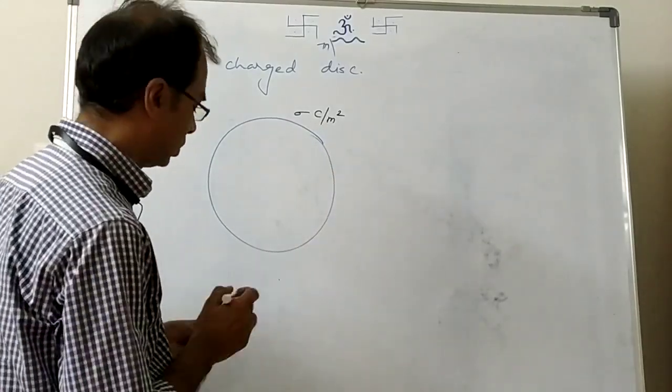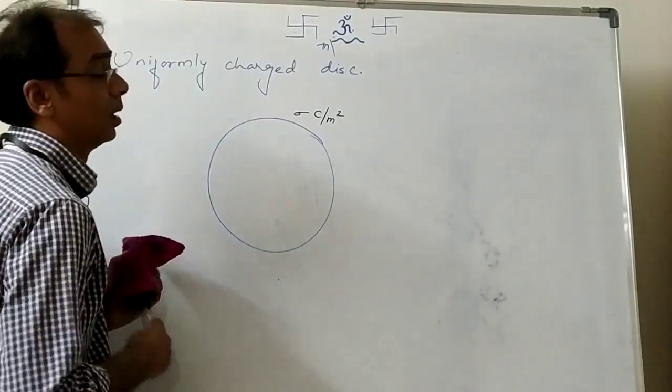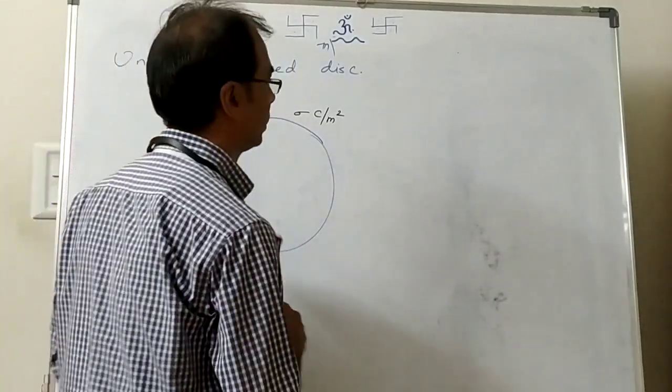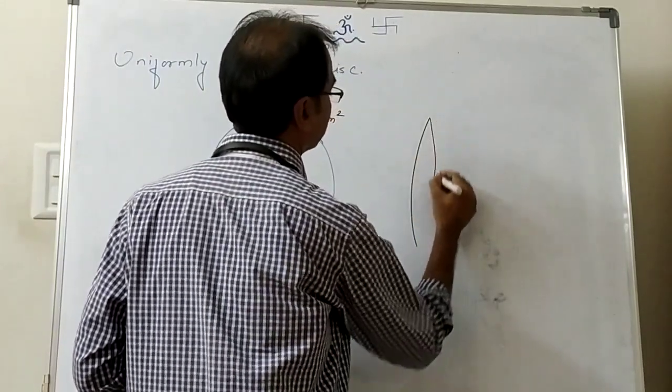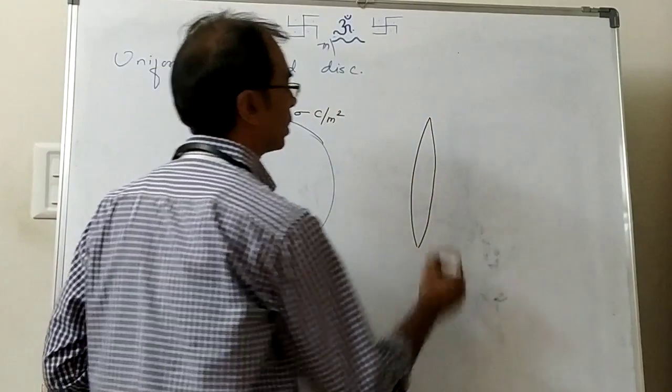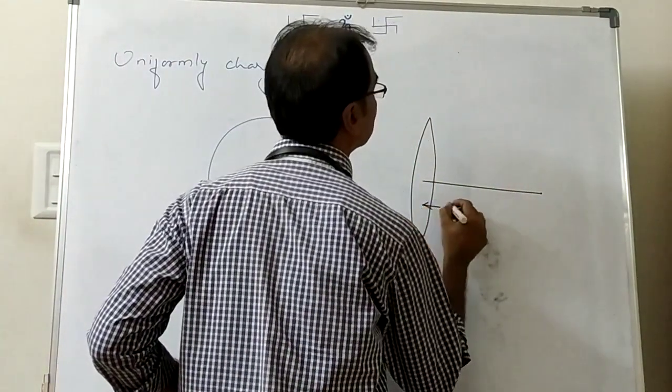Is that clear? So let's see now. If we want to find the electric field along its axis, how are we going to do it? Suppose this is a disk, and this is the point where we'll find its electric field.